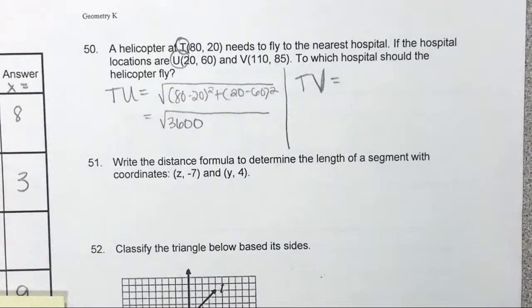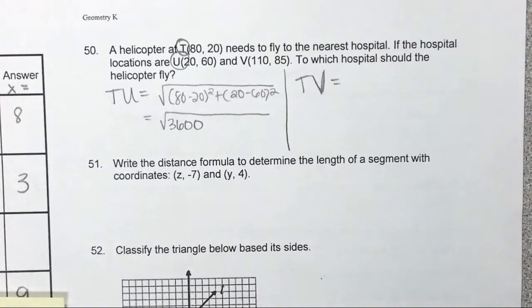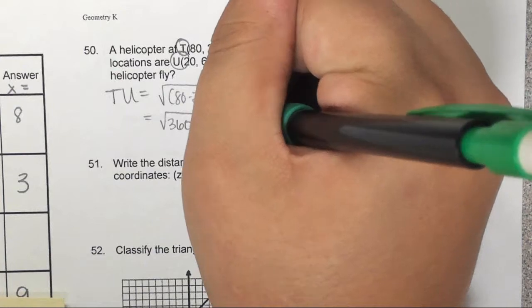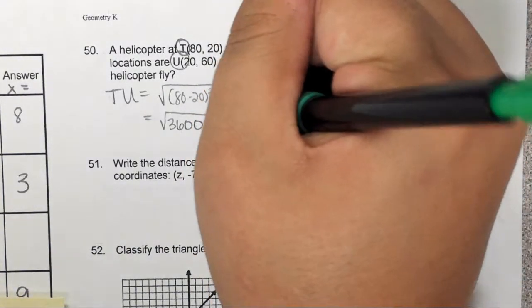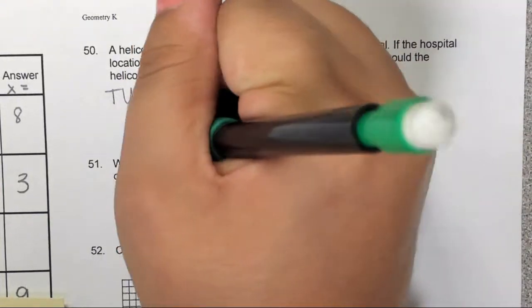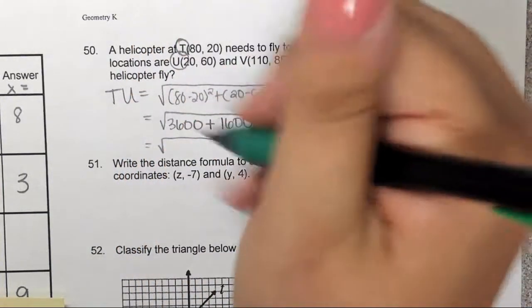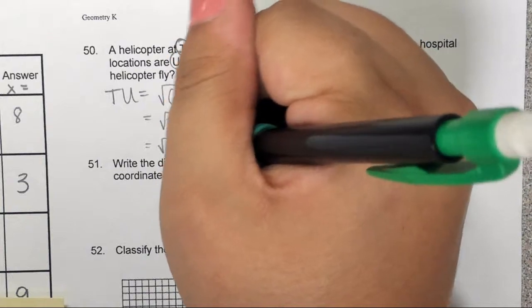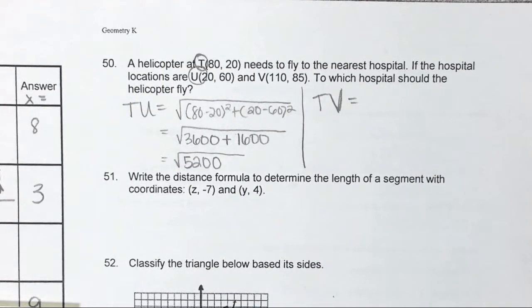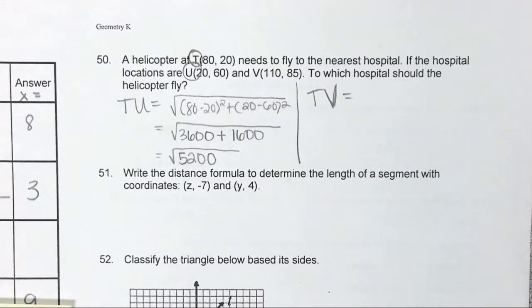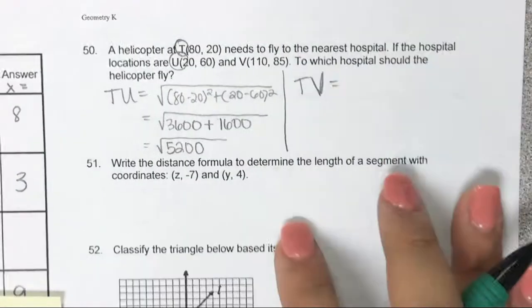Negative 40. And negative 40 squared is? Okay, remember, if it's squared, it's going to be positive. And then that adds up to 5,200. I'm not going to worry about you simplifying because it didn't ask for the distance. It wants to know which one he should fly to. So we'll get to that.